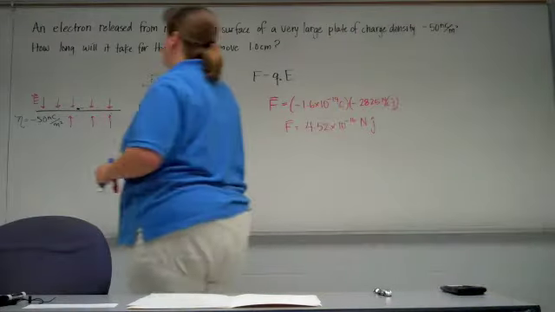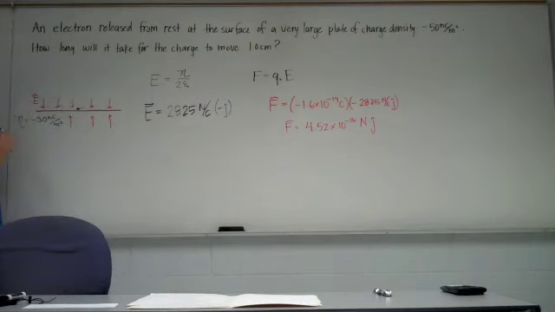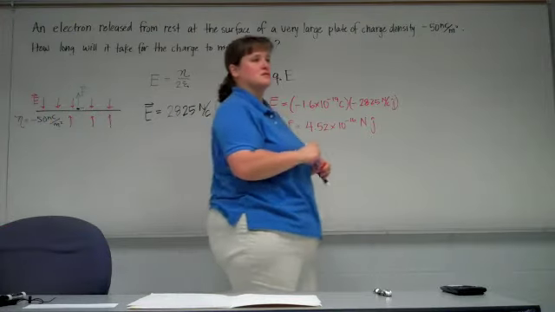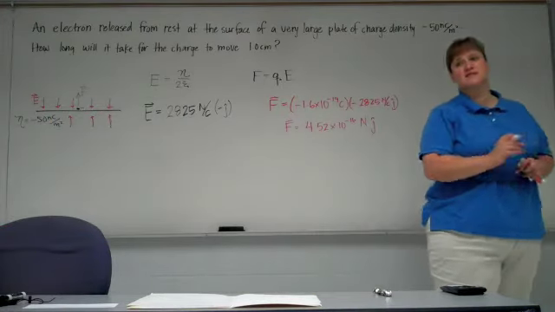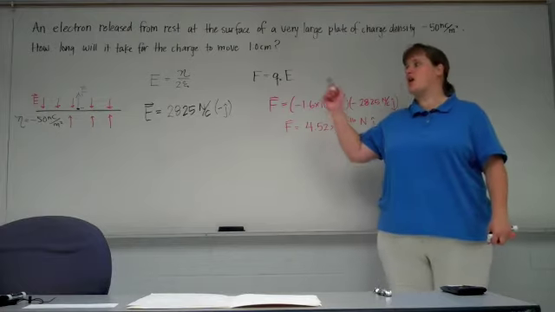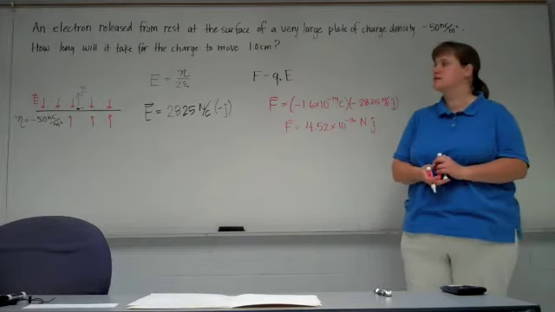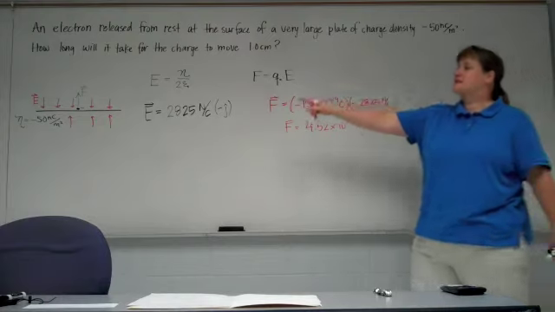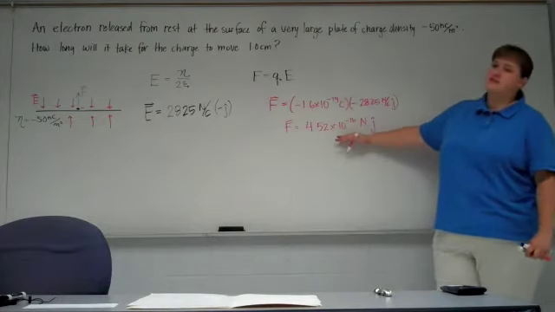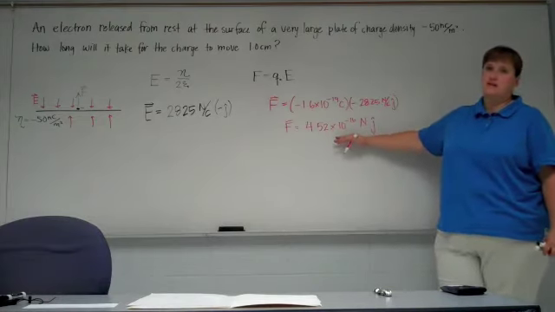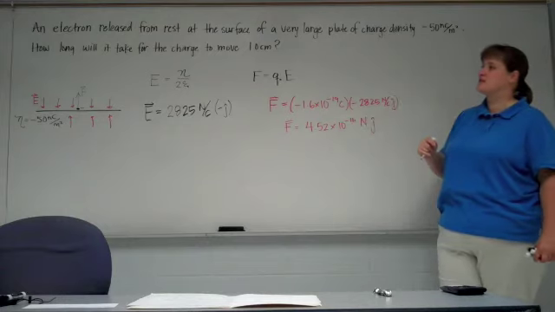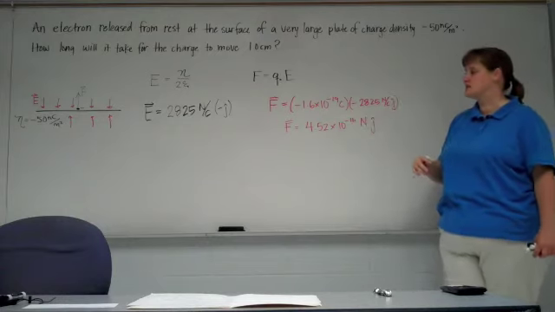So the electric field points down towards the plate, but the force on the electron is upwards. That's always the case. The force on a negative charge is always opposite the direction of the electric field. If the electric field is staying constant, then the force is staying constant. And we're fine within this 1 centimeter to assume that it's staying constant.